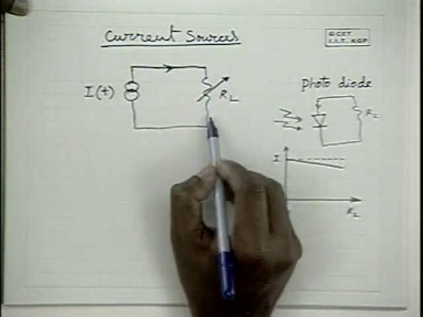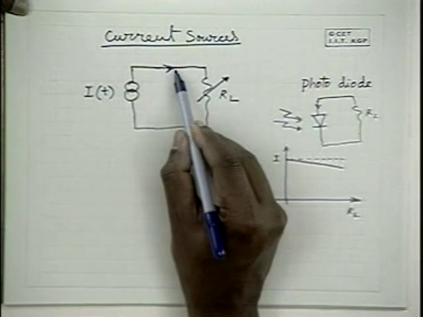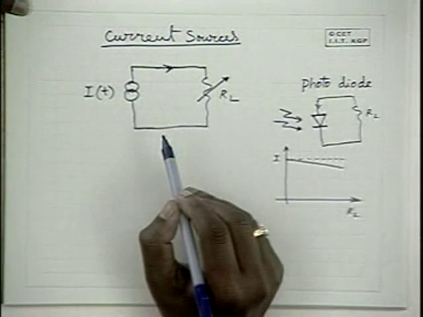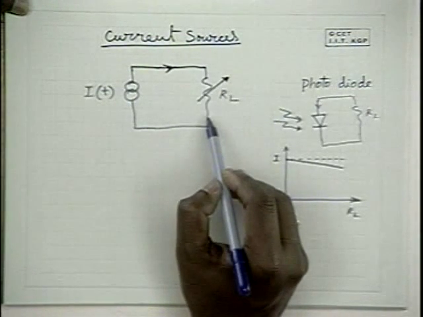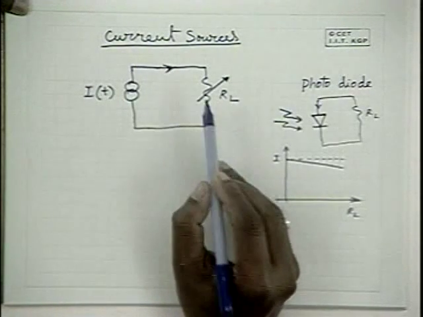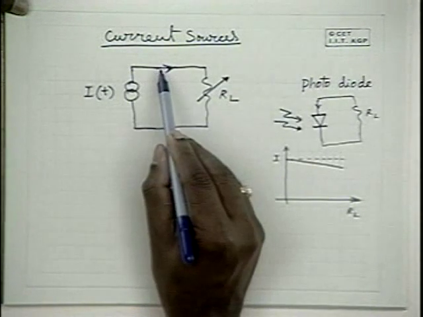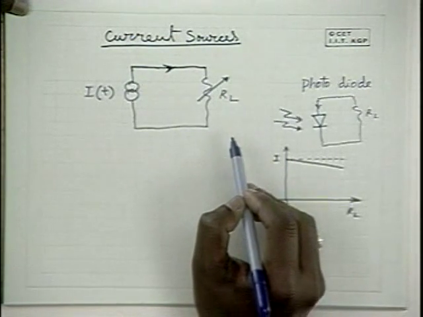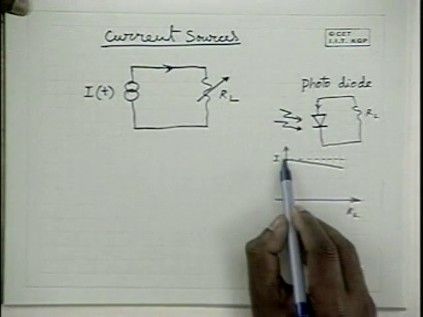If the load resistance is infinity, that means if you open circuit here, for the same current to flow through, how much should be the voltage drop? The voltage would be infinity. To drive the constant current through an infinite resistance, the voltage should be infinity. No source can give you infinite voltage at its output. Therefore, with increased load resistance, the current falls.